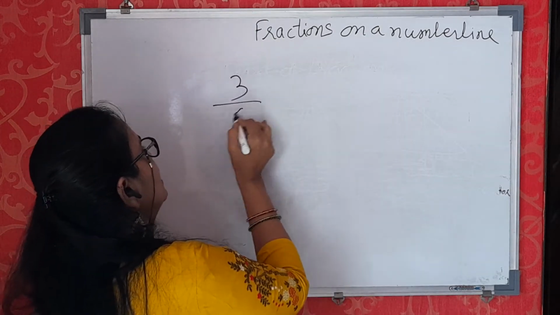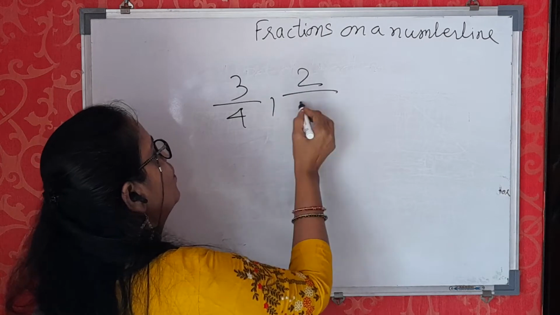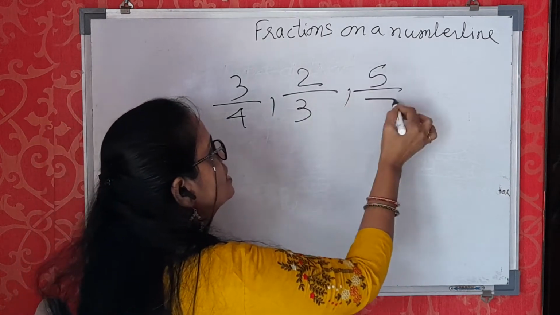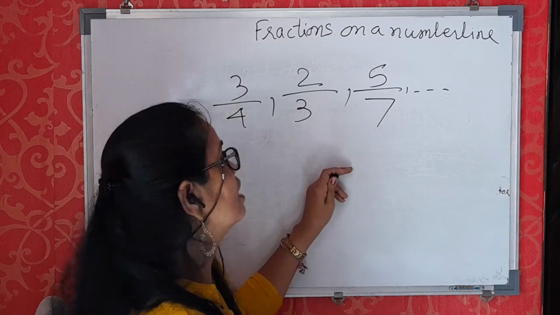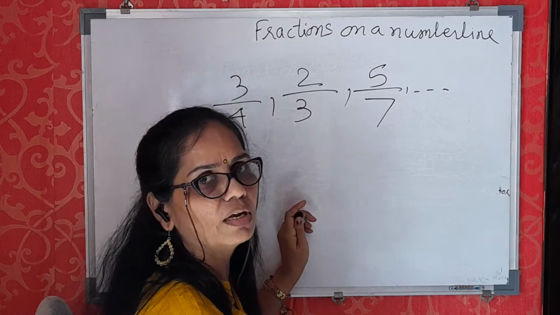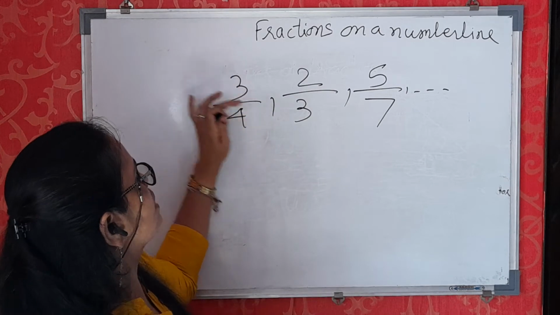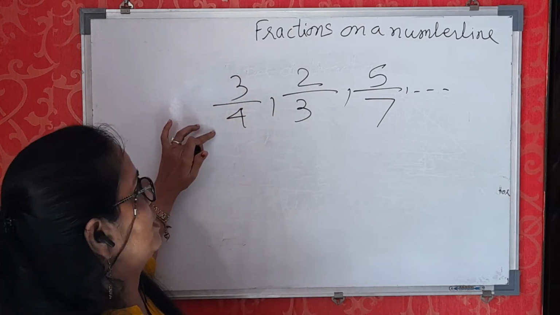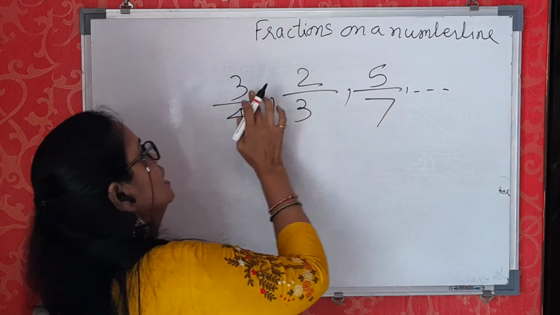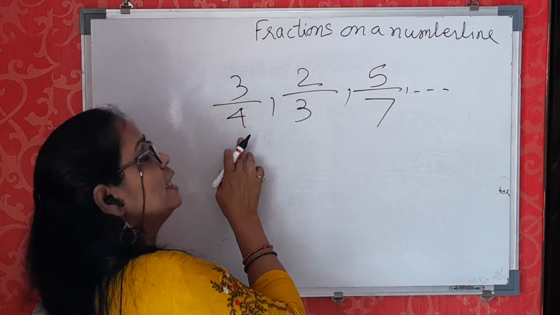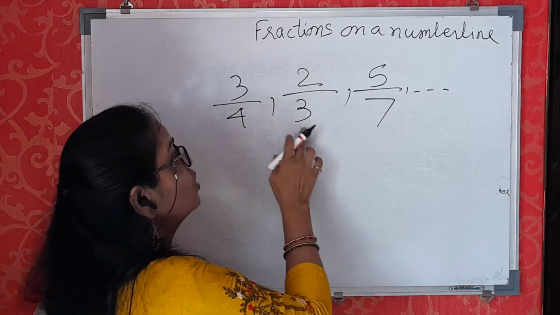Now suppose I am writing any numbers: 2 upon 3, 5 upon 7 and so on. Observe the fractional numbers. Nothing is common. You can observe this is the numerator and this is the denominator. So look at the numbers in the numerators 3, 2, 5. Look at the numbers in the denominators 4, 3, 7.